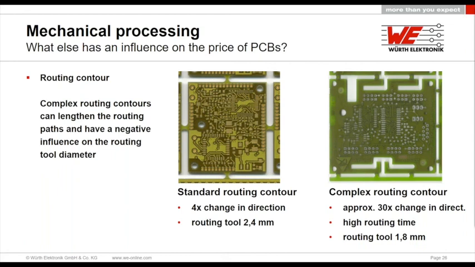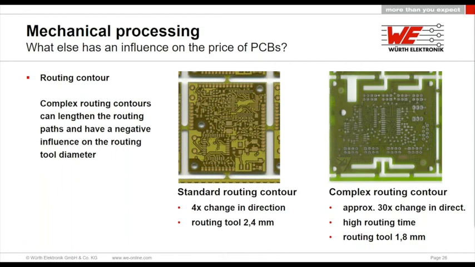We need to run along the outline, which means we go in one direction and then in the other direction, because we always touch one part of the outline with the tool. So if there is a 20 millimeter long slot, it means we have a routing path of 40 millimeter, roughly spoken. And then it's again a factor for the routing tool itself.